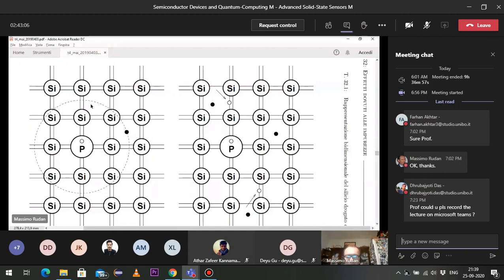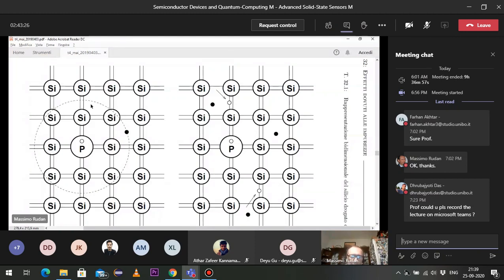The types of material that are used for silicon go under the general name of dopants, okay? And the distribution of dopants is called the doping of the semiconductor.